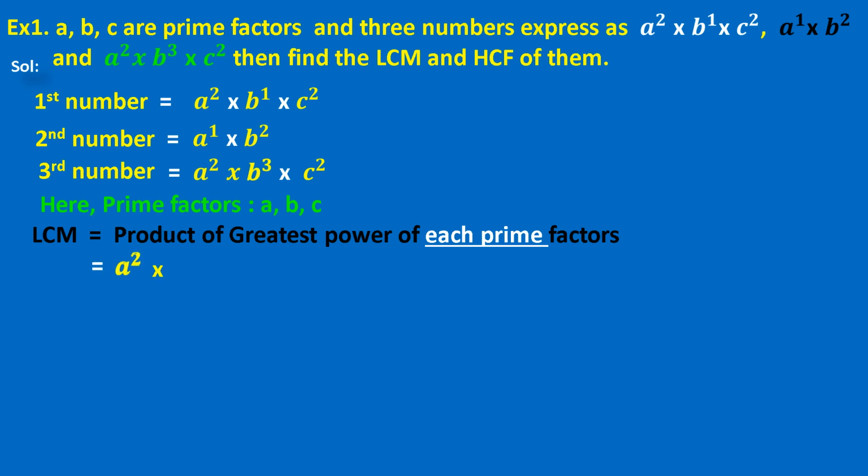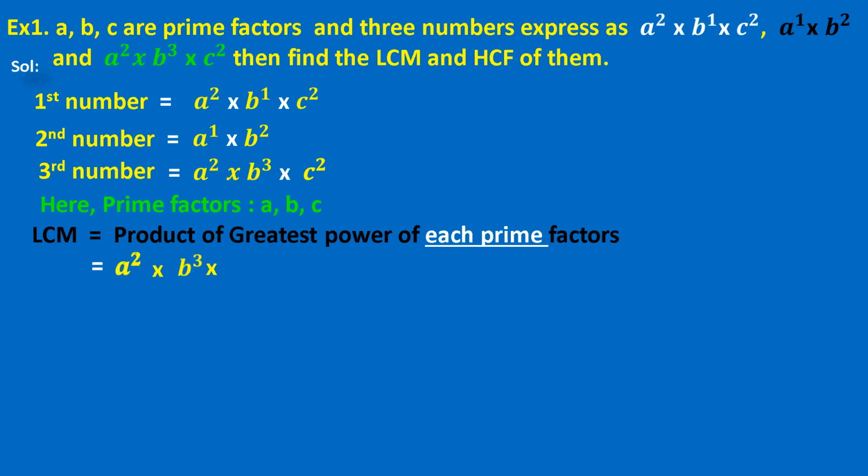And we go to next prime factor b. So here which power is the highest among three numbers? In first number b to the power of 1, in second number b square, in third number b cube. So that's why we take greatest power as 3. So here b cube.